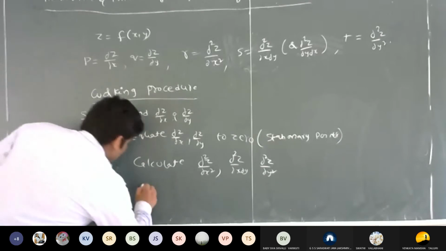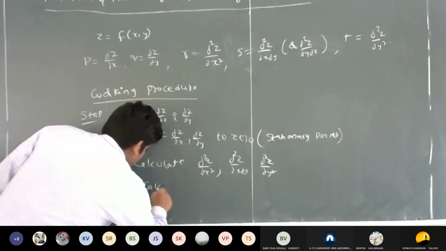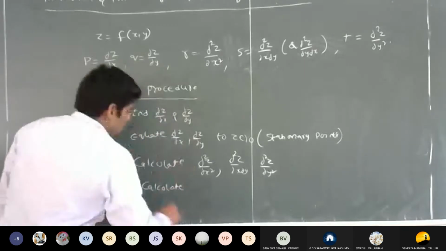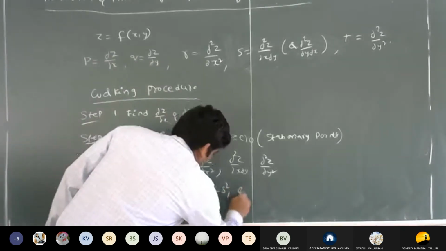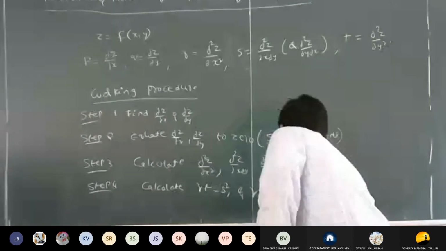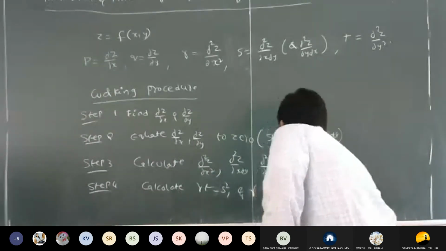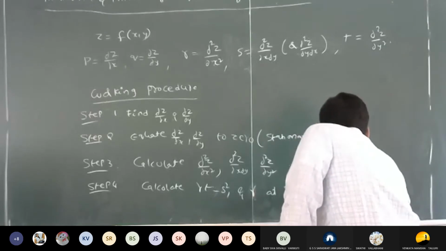I calculate RT minus S square and R at the stationary point.